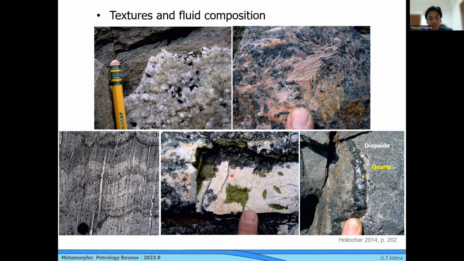Must have also contained some potassium para maka-form alkali feldspar and some calcium para mag-form ng garnet and ng epidote. So, yun. Kung ito, SiO2 lang basically yung composition ng fluid, this one is definitely more complex.